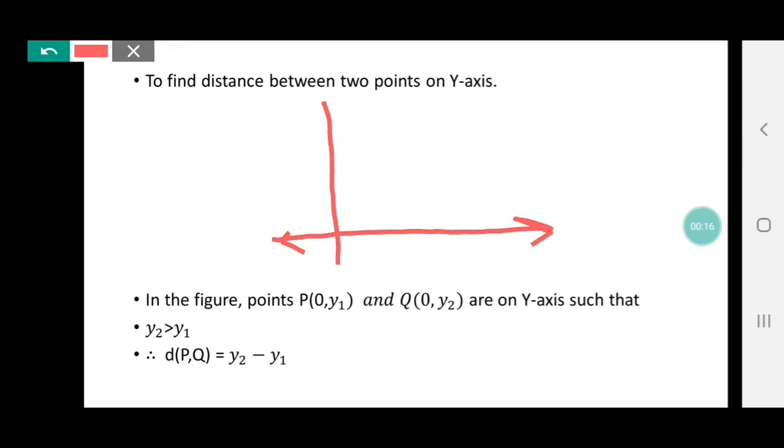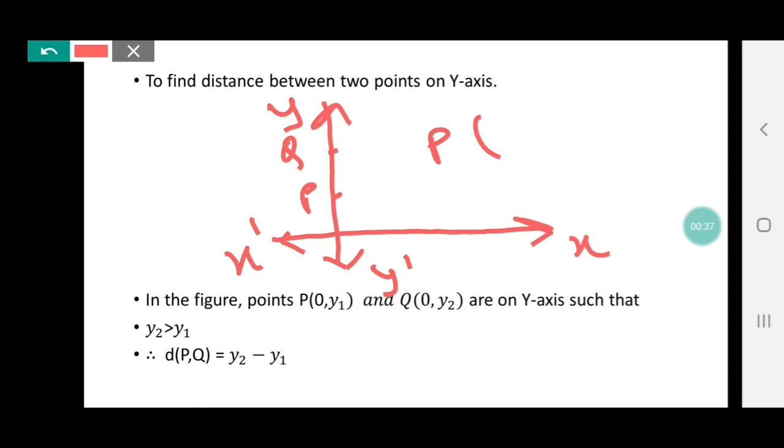Here the sleeping line or the horizontal line is known as x dash x, and the vertical or standing line is known as y dash y. Here is point P and here is point Q. Point P is representing (0, y1) and point Q is representing (0, y2).